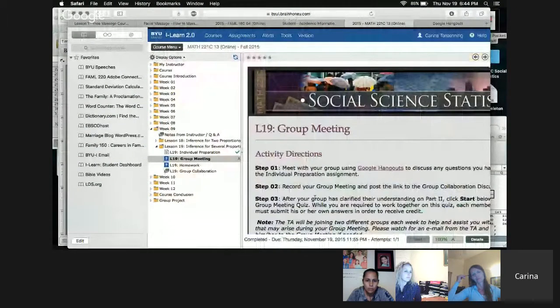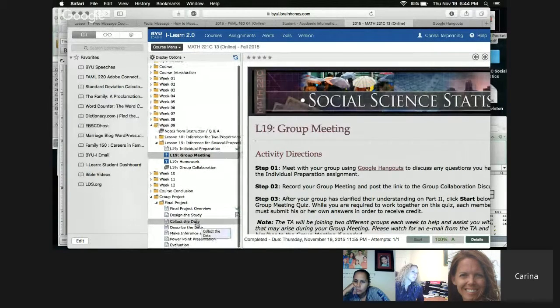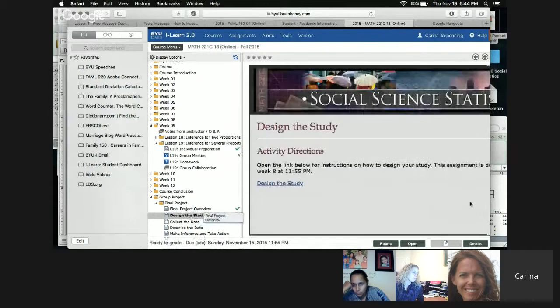Here, let me screen share and show you what I'm talking about. Can everyone see my screen? Okay, so for the group project, you go into the final project here, and we have the overview and design the study.